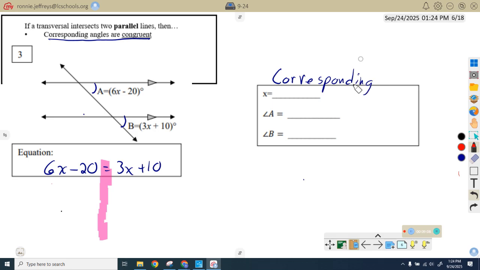Now, I need to get this 3x over here. What do I do? Subtract. We can do that in an equation because of the subtraction property.